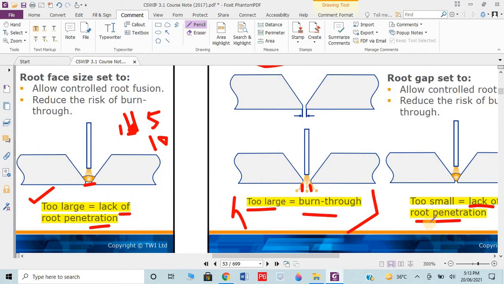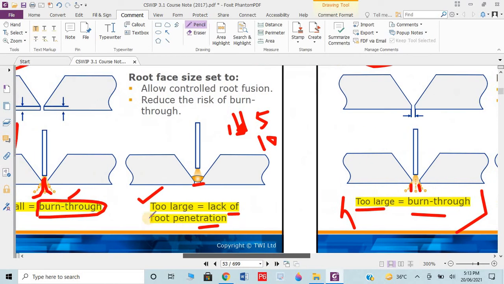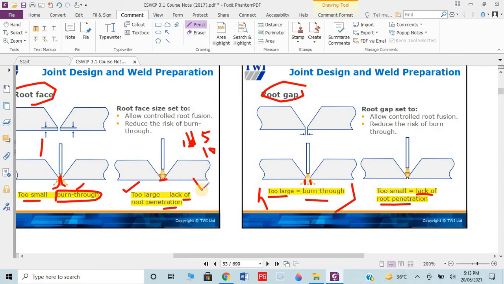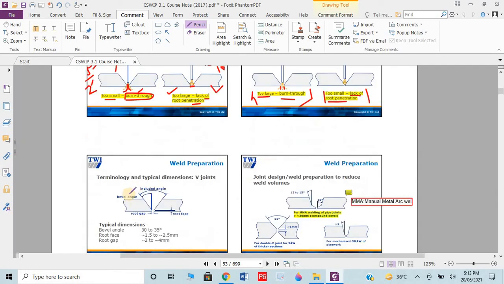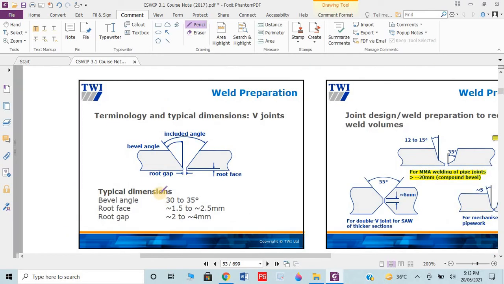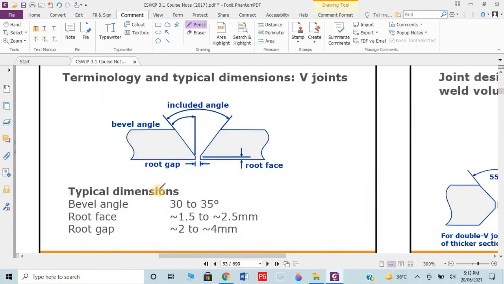Burn through could occur, not lack of penetration. But if the root face is too large, that is called lack of penetration. And if the root gap is too small, then it is also lack of penetration. So these are the 4 definitions. I hope you got it. Okay, now see this drawing for a while.